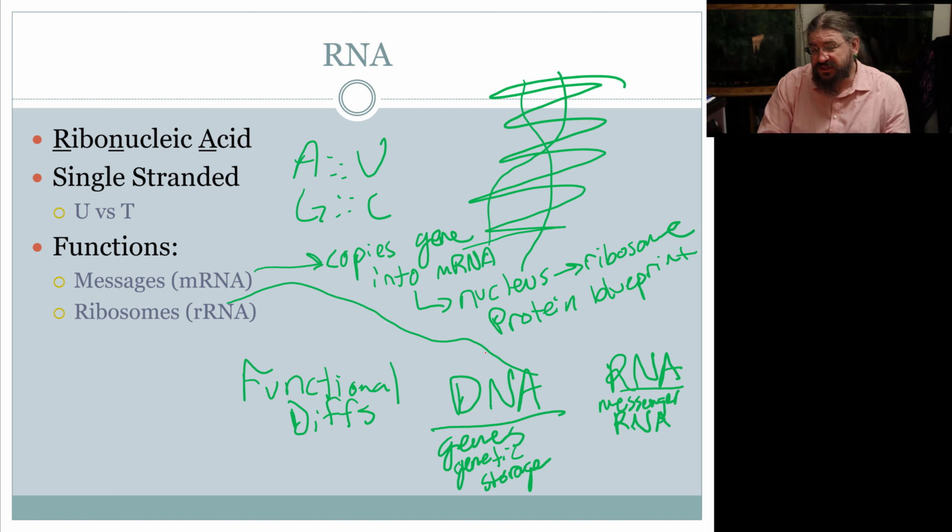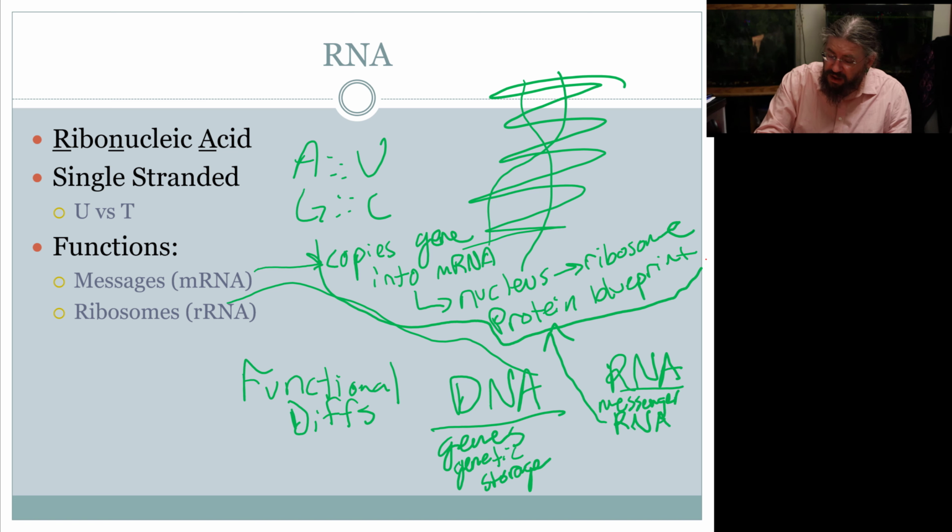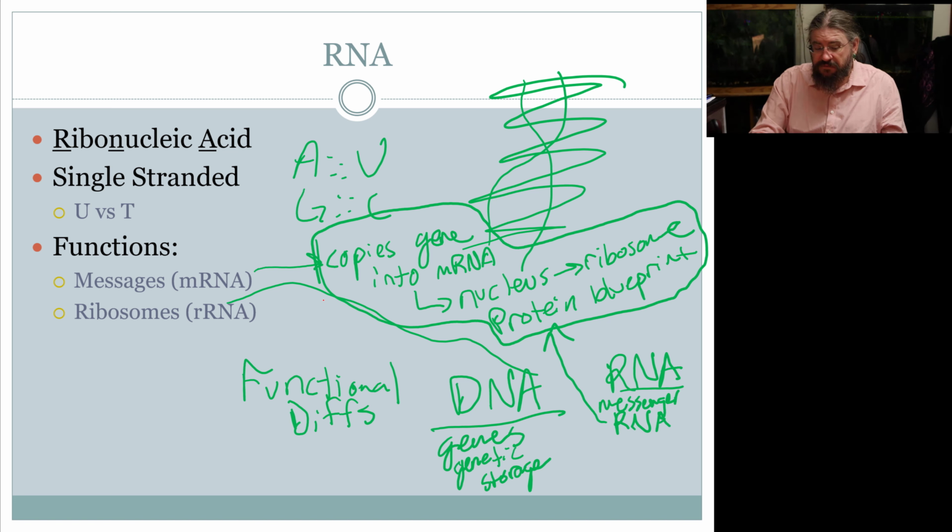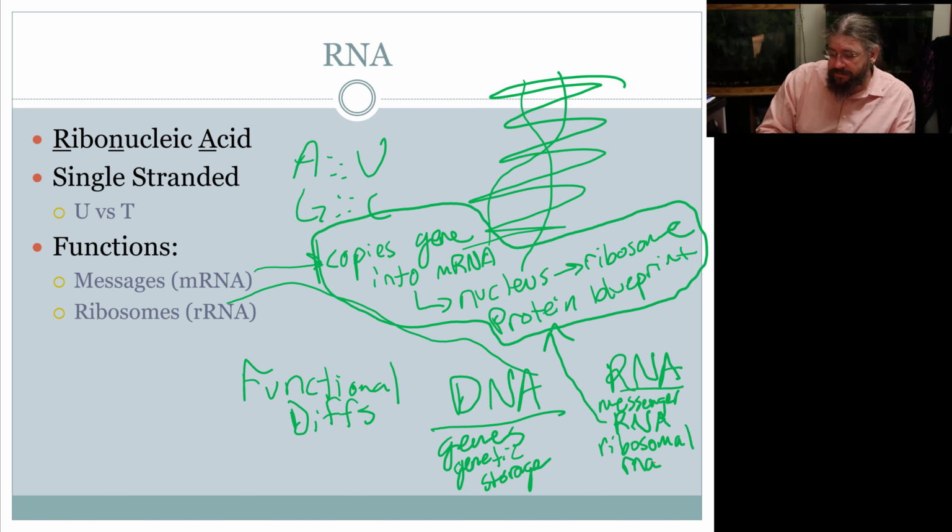Ribosomes are the site of protein synthesis. So, amazingly enough, ribosomes involved in protein synthesis. Again, so ribosomal RNA or rRNA. So, not too bad.